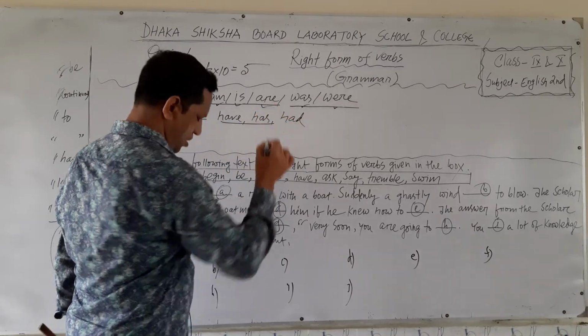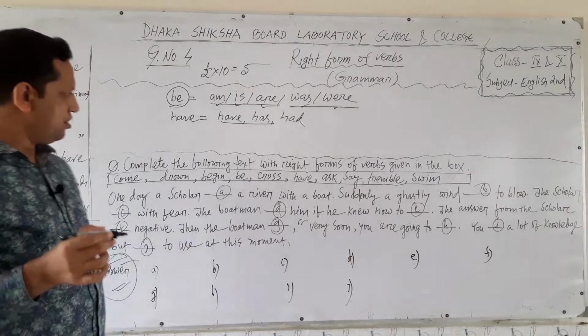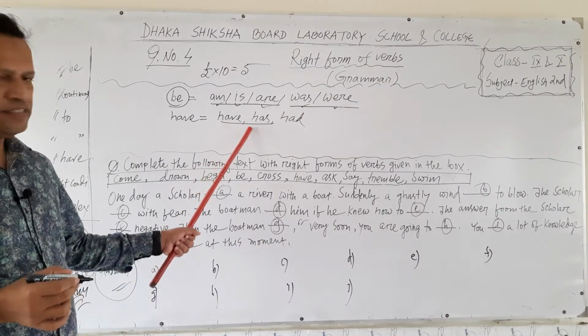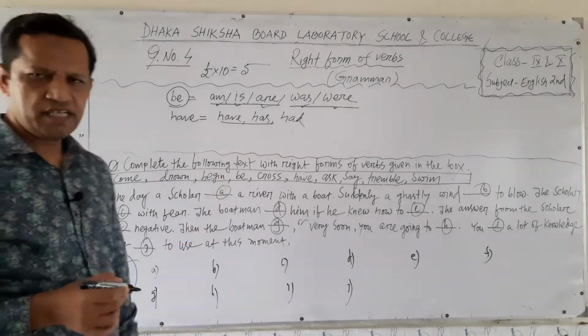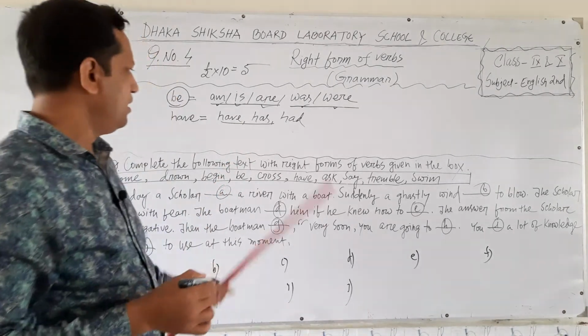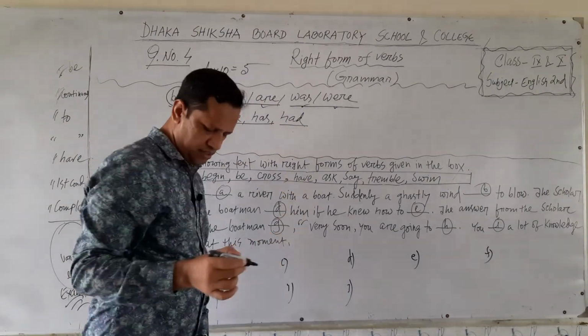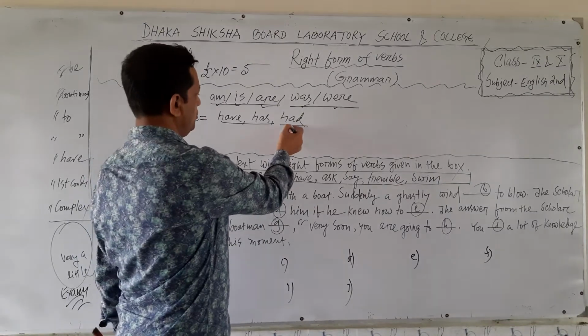If you need the form of present tense, then you can choose have or has according to subject and person. And if the sentence is in past tense, then you have to choose had.